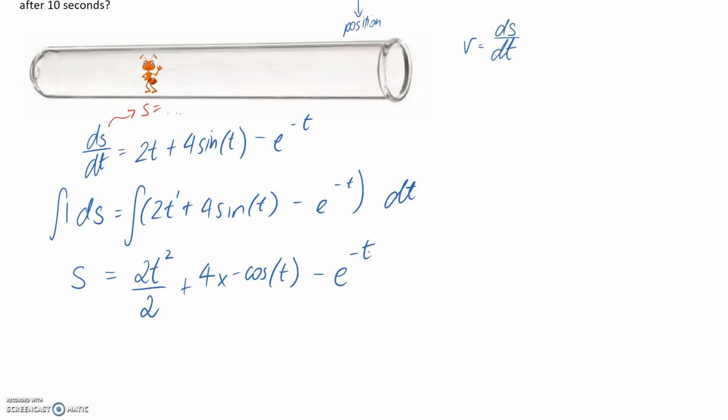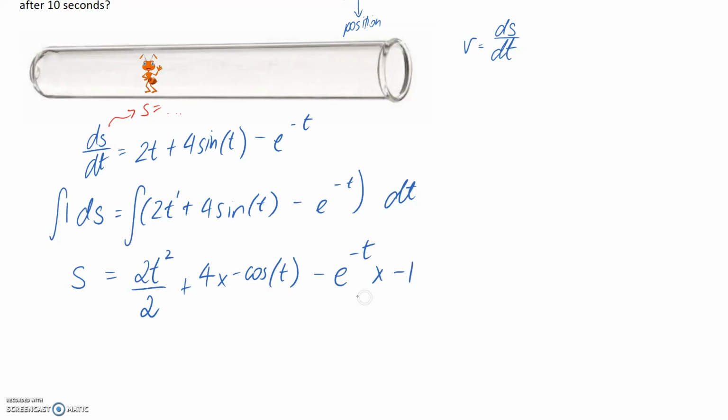But then we need to remember that if we take the derivative of this, it should go back to what we started with. If we take the derivative here, we're going to end up with the negative e to the negative t, but we'd multiply by the negative 1 that falls out of the derivative of what's up the top here as part of the chain rule. So in order to get around that, I need to multiply it by negative 1.